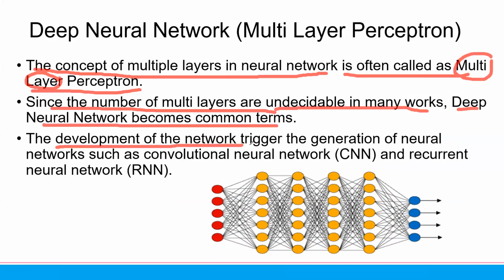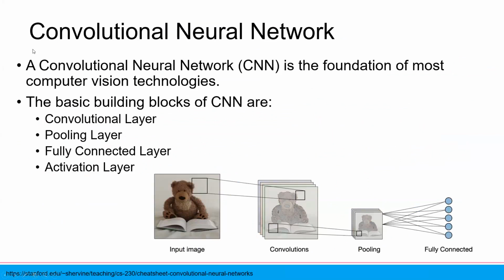The development of the network triggered the generation of neural networks such as CNN, or convolutional neural network, and the recurrent neural network, or RNN. The convolutional neural network, CNN, is the foundation of most computer vision technology.